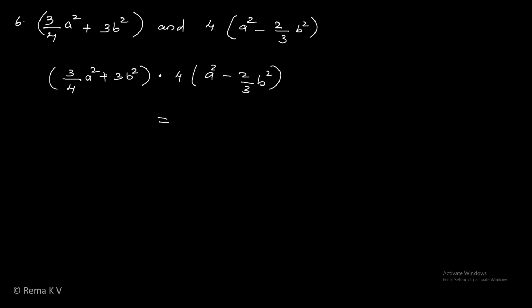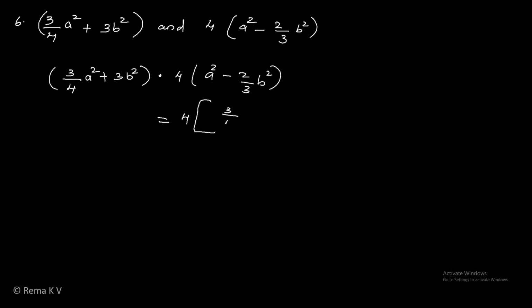See here in this one, the numerical coefficient here of this expression is 1. 1 into 4. Let us write 4 first. And then we can multiply the binomials here. So the first one is 3 by 4 a square.